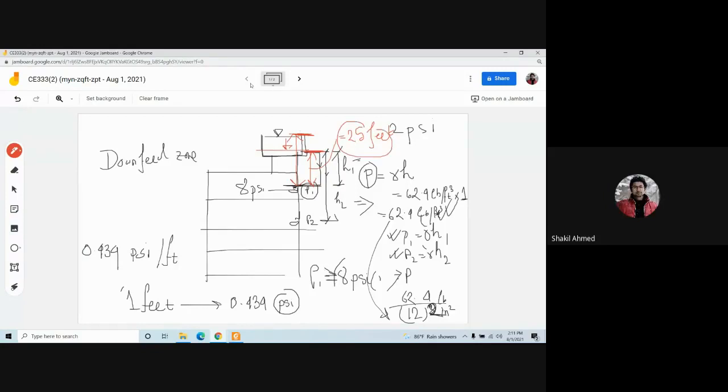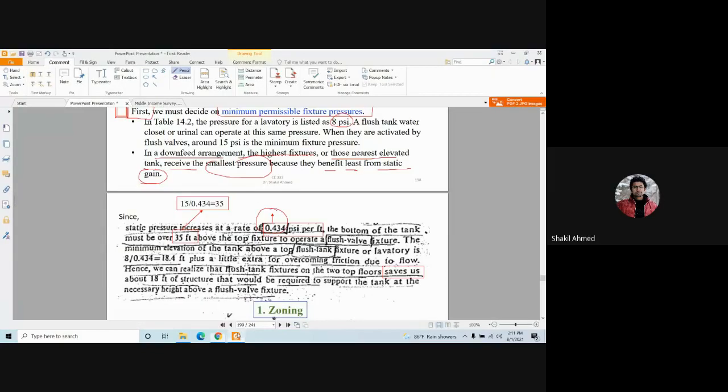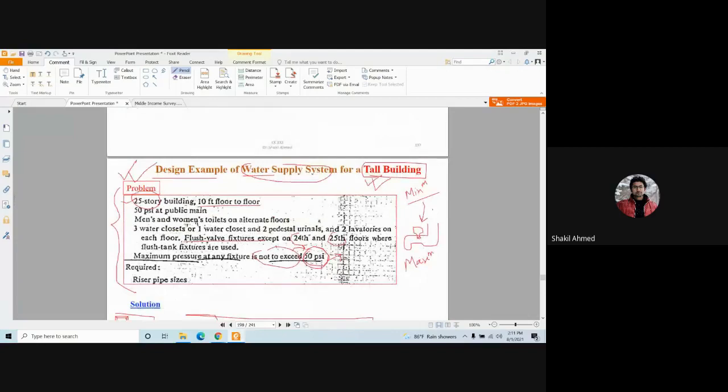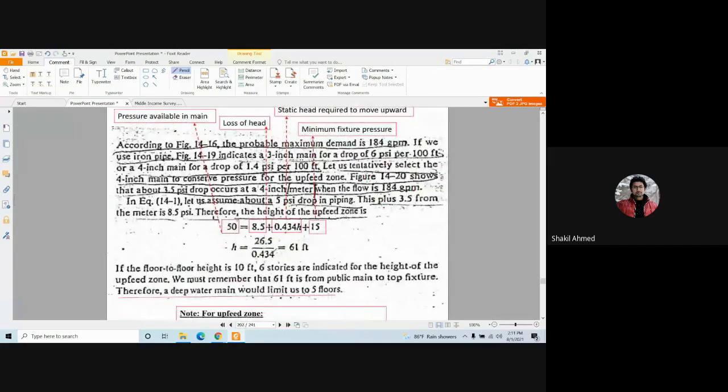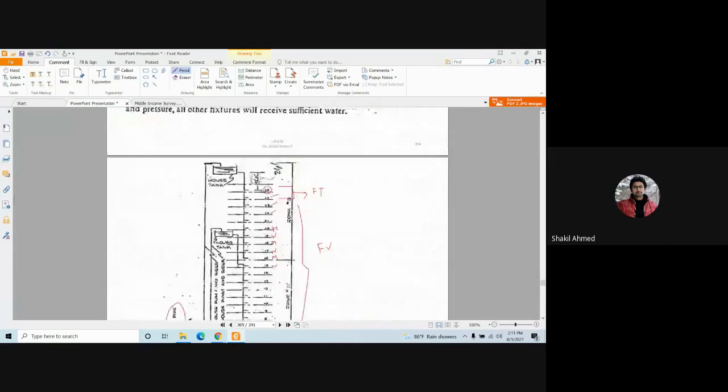Now, can you remember that here they told us that flush valve fixtures will be used in all of the floors except these two floors where flush tanks will be used? Why? Because for a flush tank, the minimum fixture pressure requirement is 8 psi, but for a flush valve, the minimum fixture requirement is 15 psi.